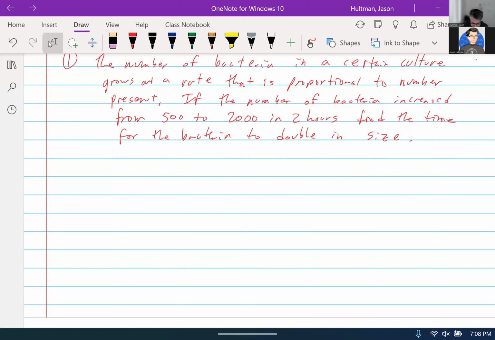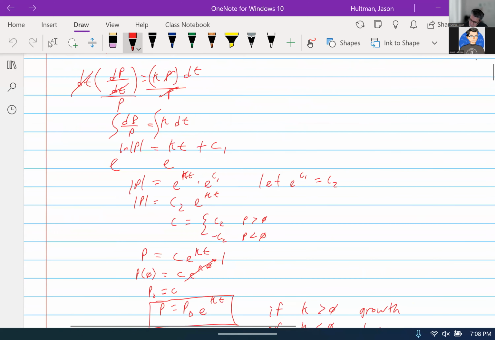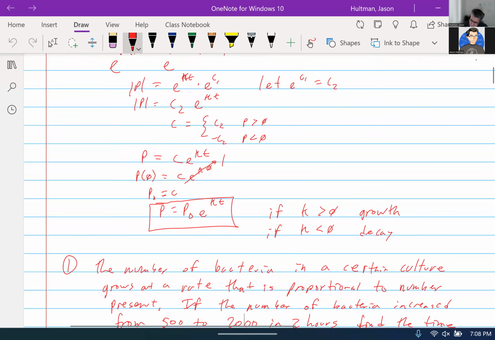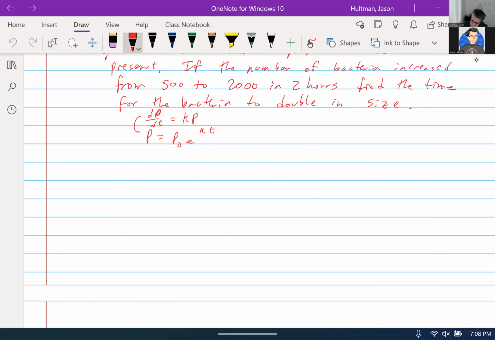We have P is equal to P naught e to the kt. We figured that out from the differential equation, which was dP/dt equals kP.